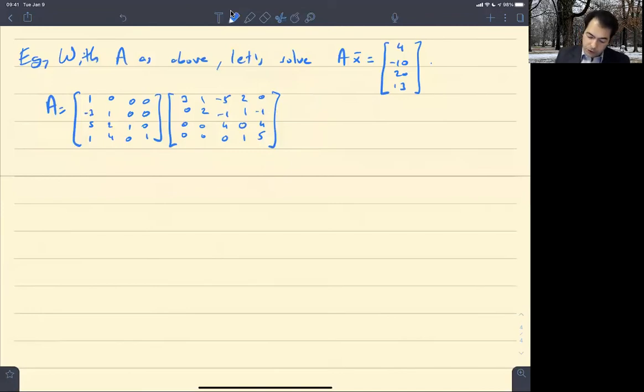First, we find the unique solution to Ly equal to B.